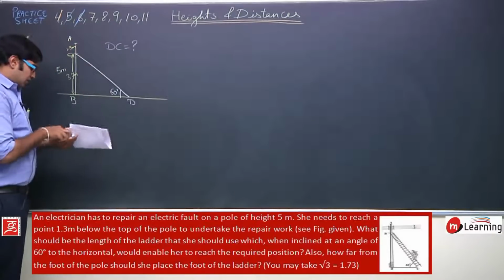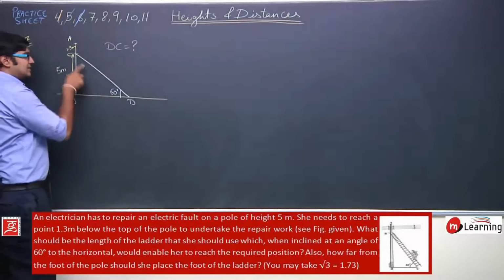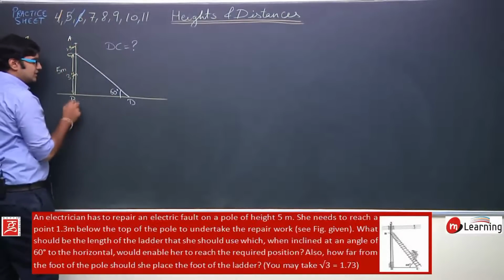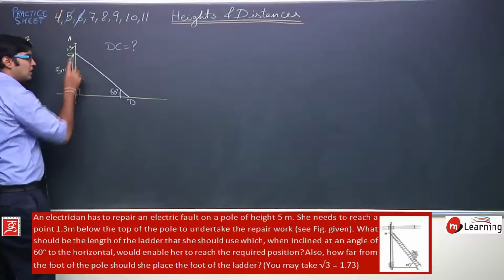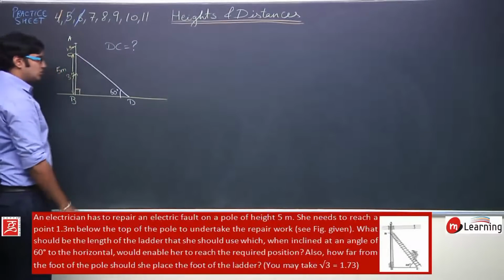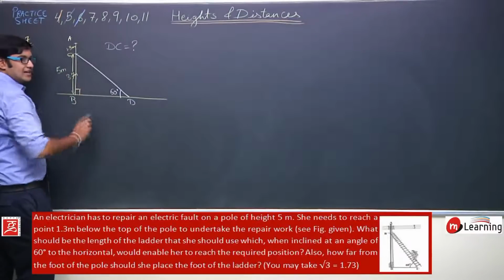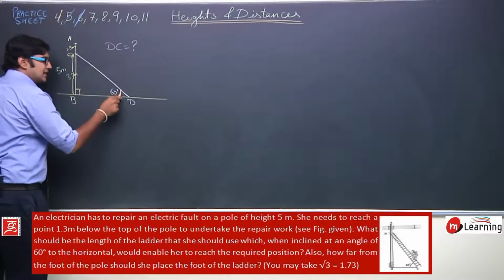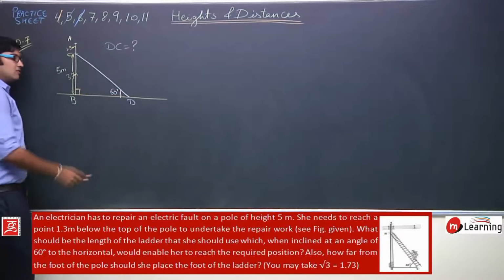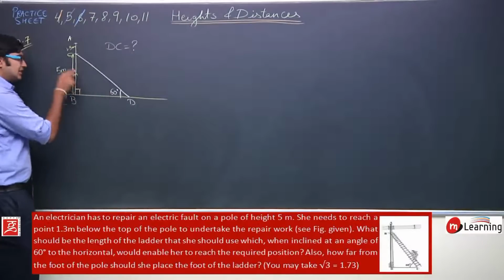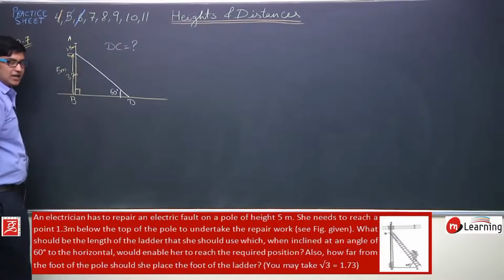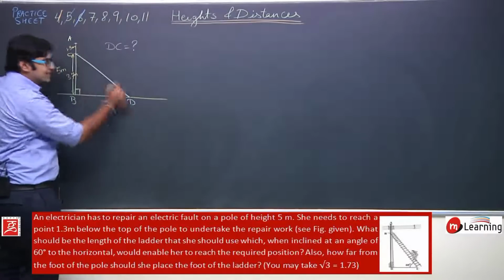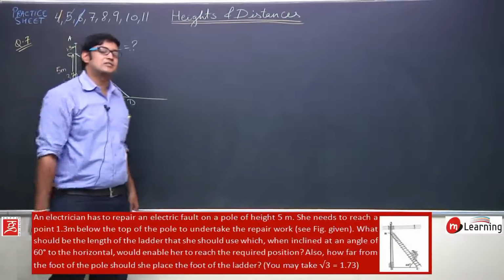Now for this angle I can see BDC. This BDC is a right angled triangle because this is 90 degree, this is a pole which is vertical. So if BDC is a right angled triangle, I can see this angle is given as 60 degrees. With respect to this angle, I can see BC acts as the perpendicular of the triangle and DC acts as the hypotenuse of this triangle.